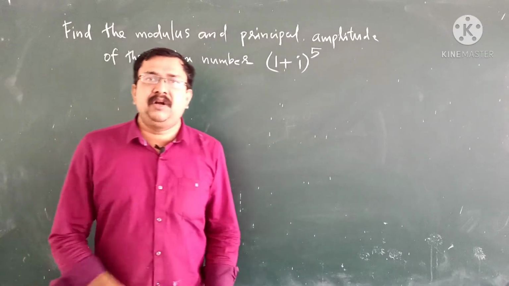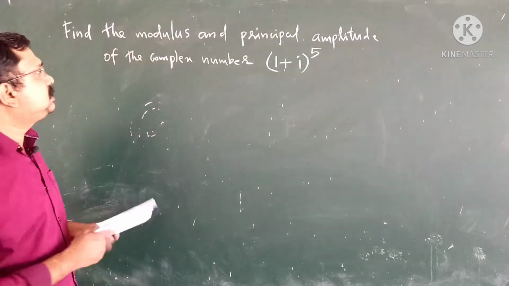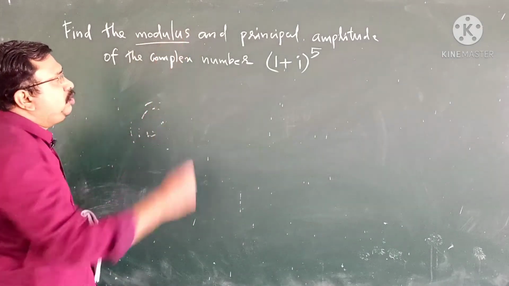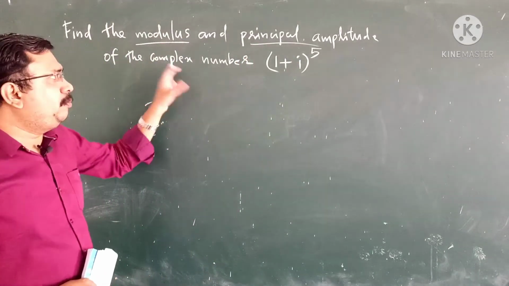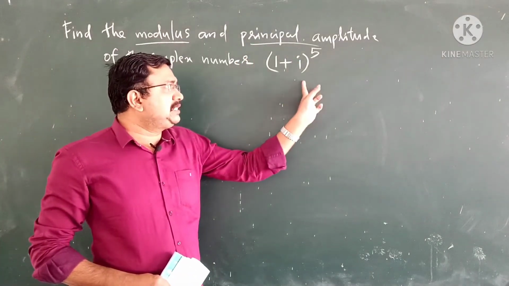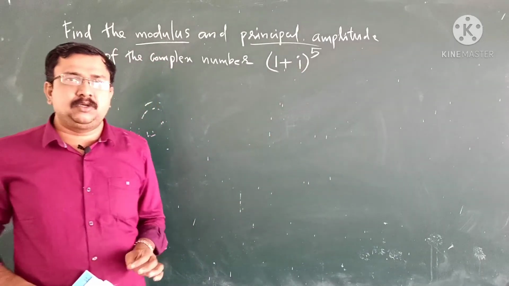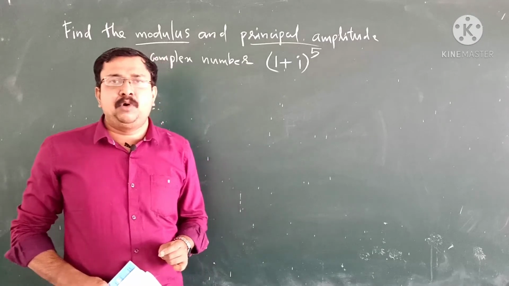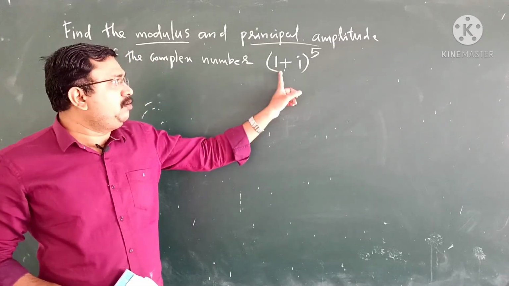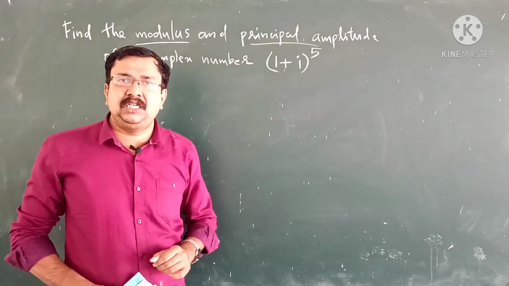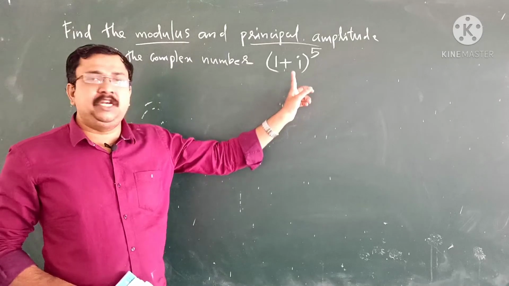Hi students, our next question is: find the modulus and principal amplitude of the complex number (1 + i)^5. 1 + i means 1 + 1·i.